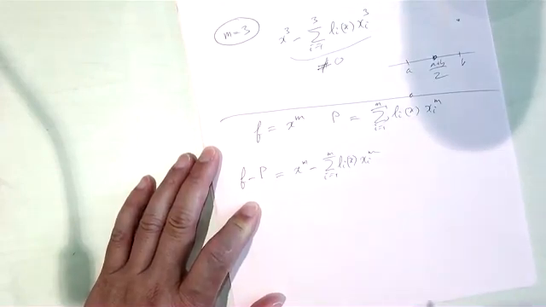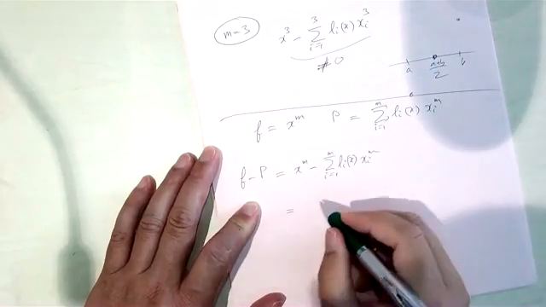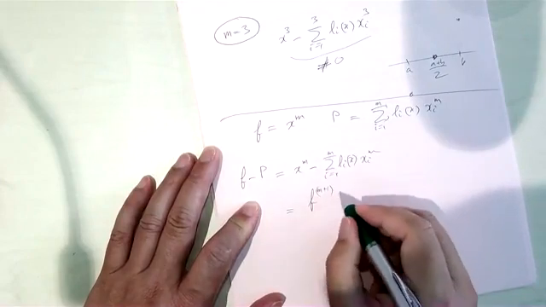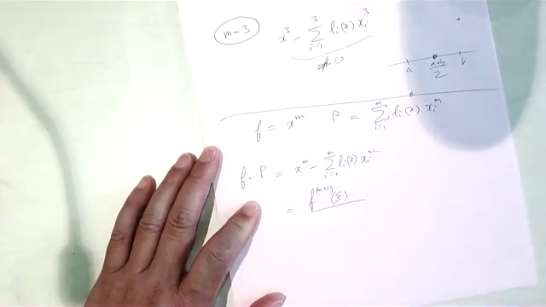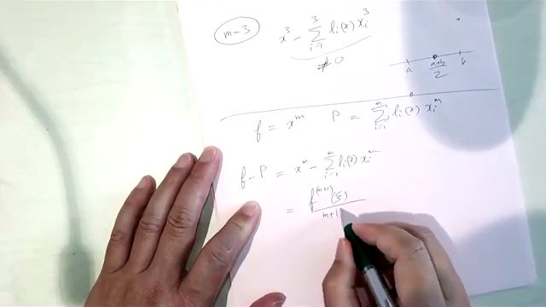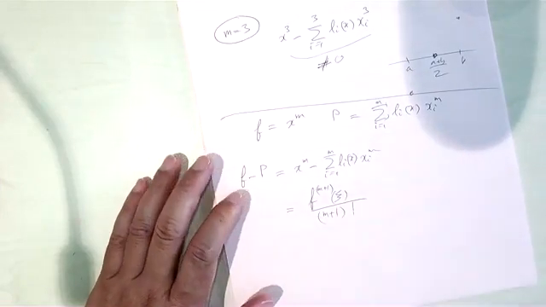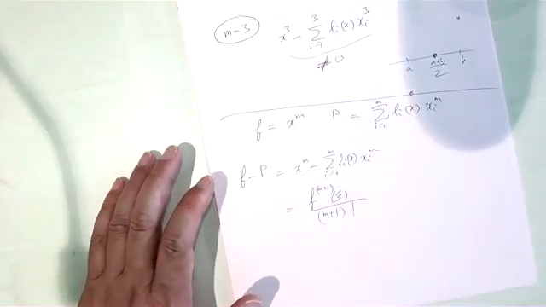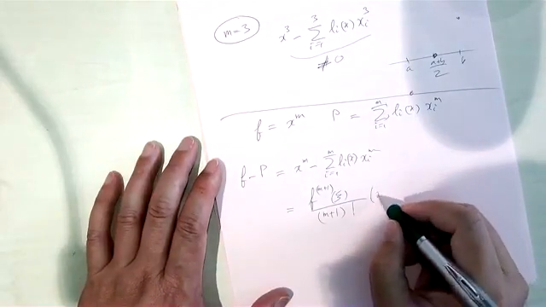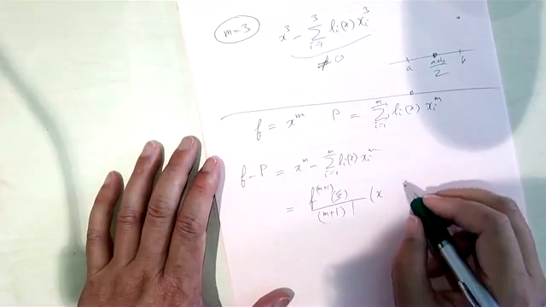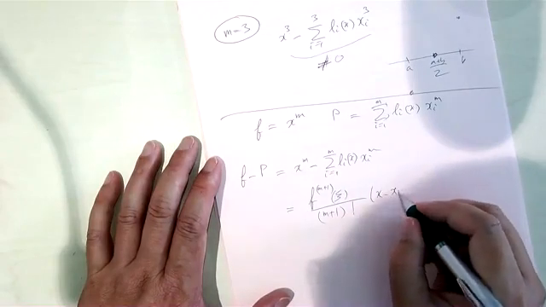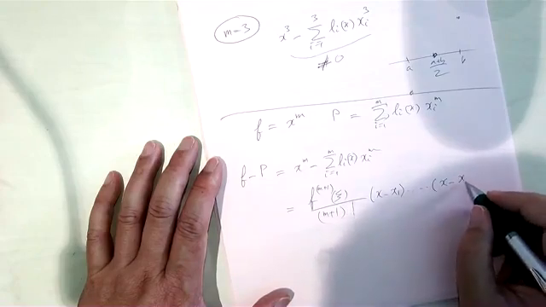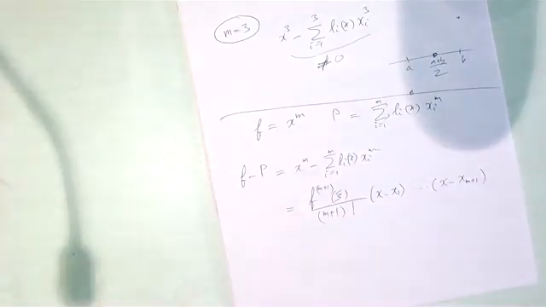It will be written as f to the (m+1) derivative at some point xi, over (m+1) factorial, and you have (x minus x1) up to (x minus x_{m+1}).